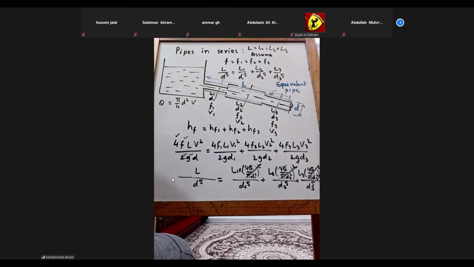Okay, let's do some problems related to the pipes in series and for this equivalent pipe. Let me share the screen. You have written whatever was written on the board. Yes.